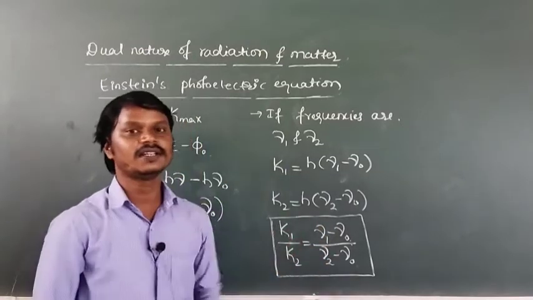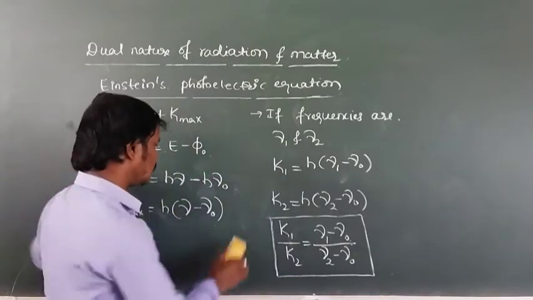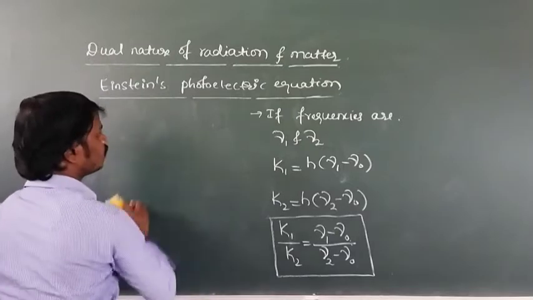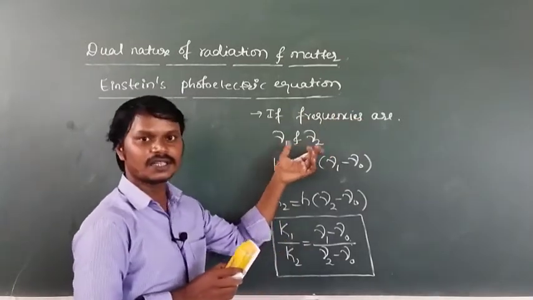Then how to find the ratio of kinetic energy in terms of wavelength? If two different frequencies are given, those are nu1 and nu2.